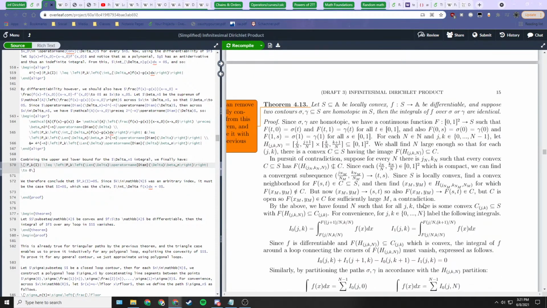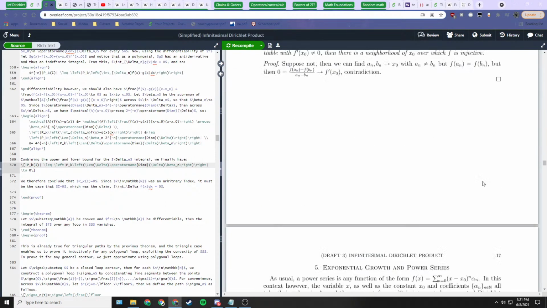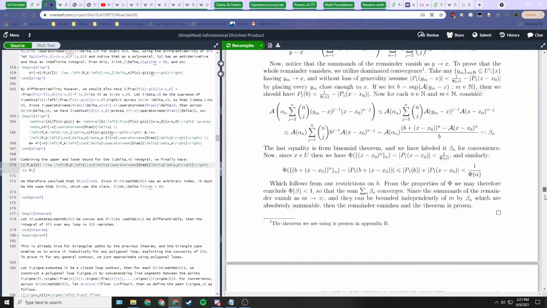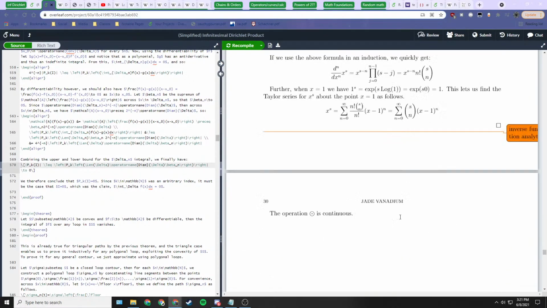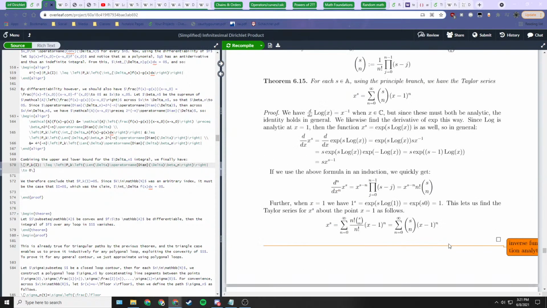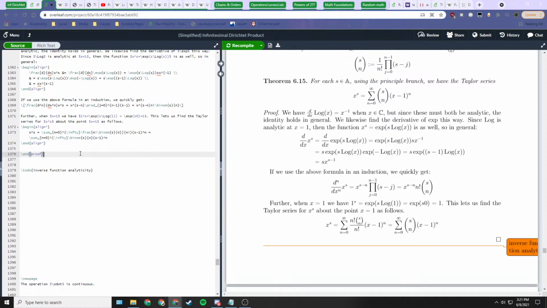For now, though, we'll see if we can prove the theorem about analyticity. I haven't done this proof in this way yet.